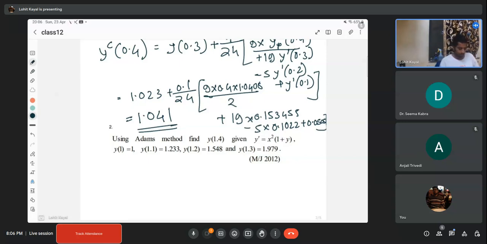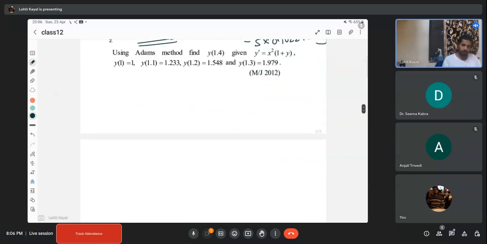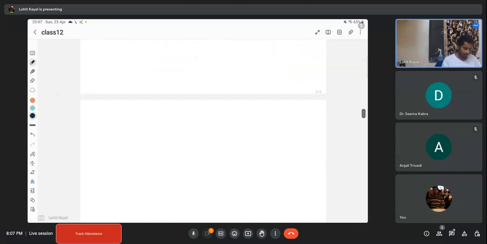Now, again, a similar problem for your practice. So here, the idea is same. You need to find the answer at y 1.4 using the same method, same formula, and these things are provided to you, and the function is different. Okay, so you can very simply write a code and do this, but here let's do it by hand.